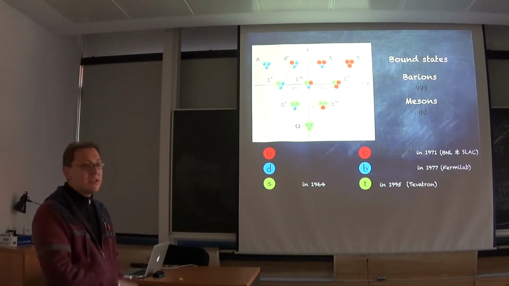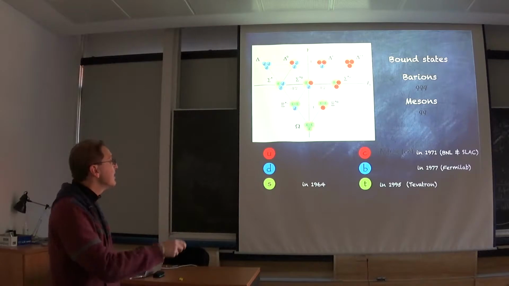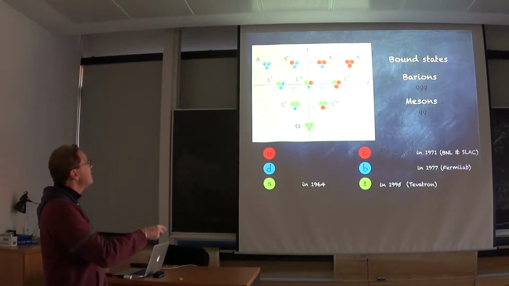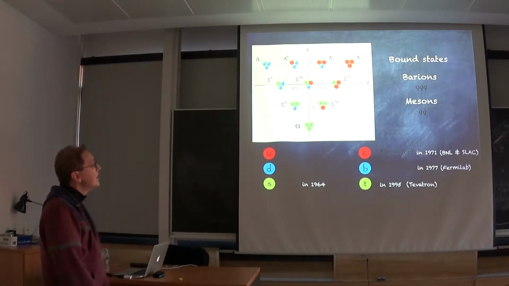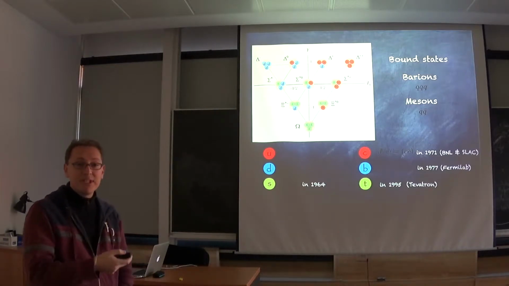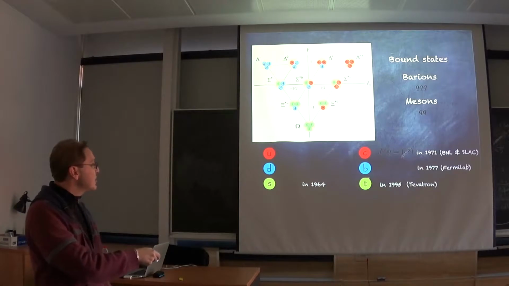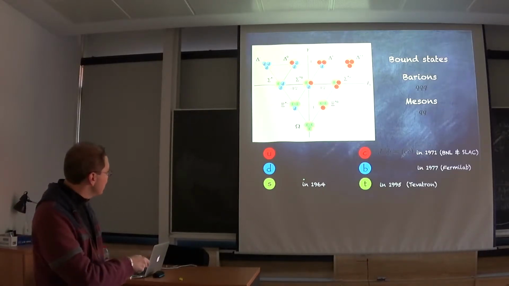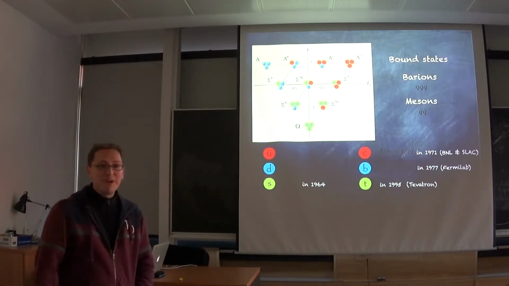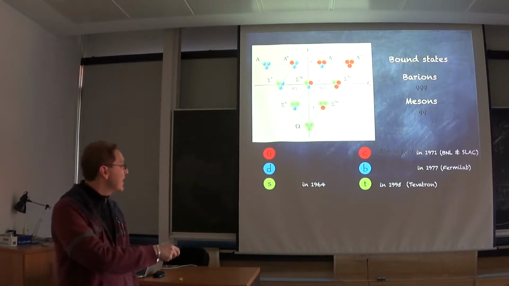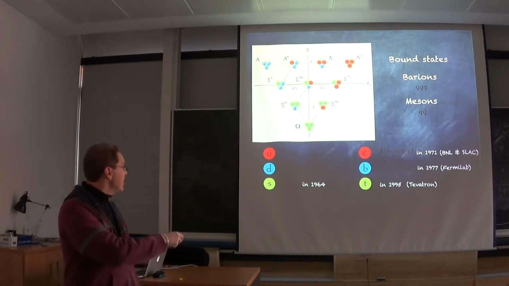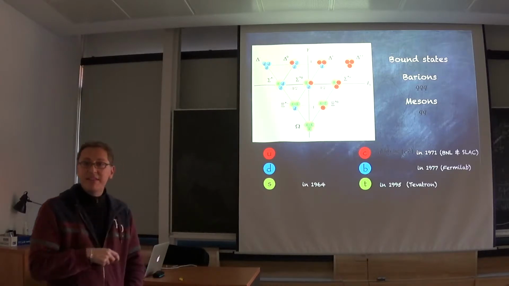And if you find a bound state made of 2 quarks, they are called mesons. And all of these subatomic particles, the fundamental particles, are the up, the down, the strange, the charm, the bottom, and the top. You cannot see it here, but this has to be written omega minus, and here is the J/psi, and the upsilon. All of them have been proposed and discovered.